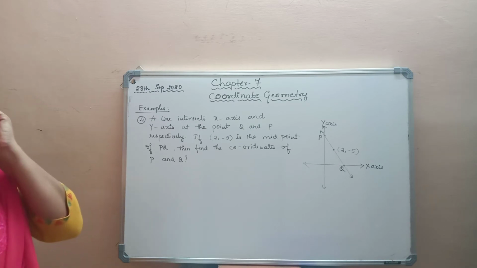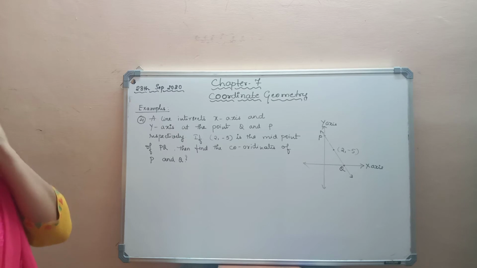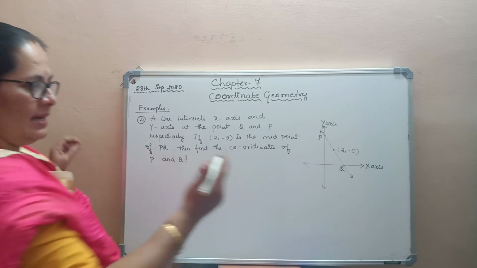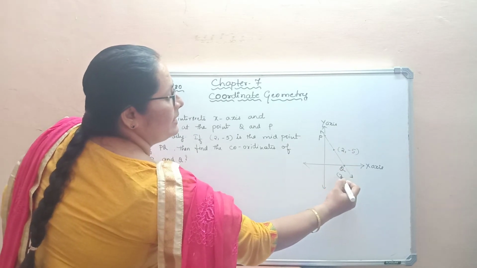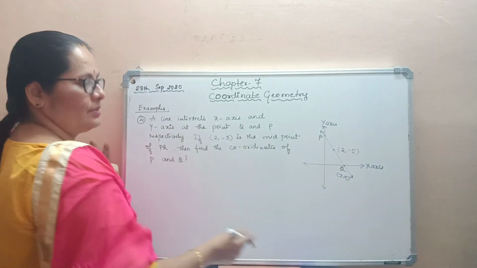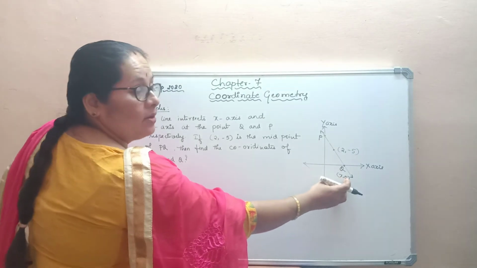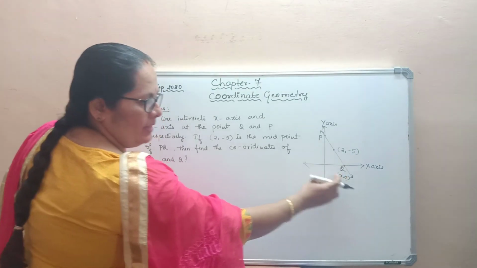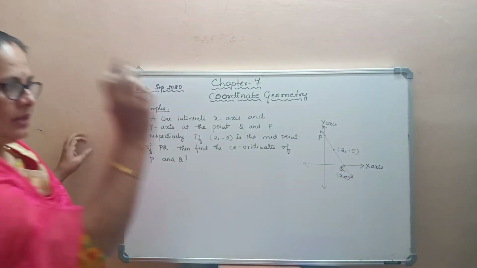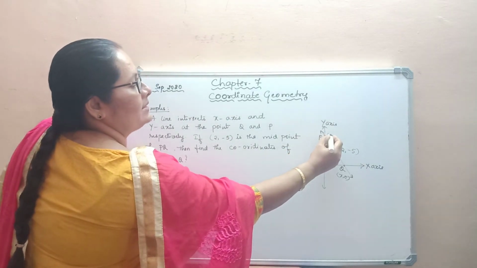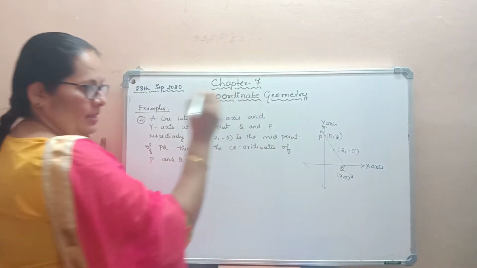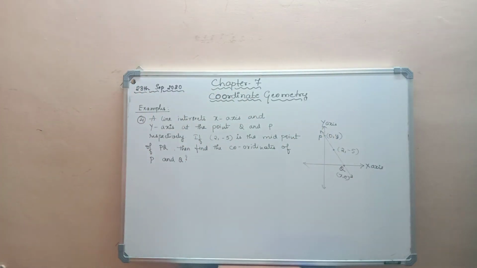How will we find the coordinates of P and Q? Now PQ intersects the x-axis at Q, so the coordinates of this point are (x, 0), since the y coordinate is 0 and the x coordinate is x. Now the line intersects the y-axis, which means the coordinates are (0, y). So the coordinates of P are (0, y) and of Q are (x, 0).